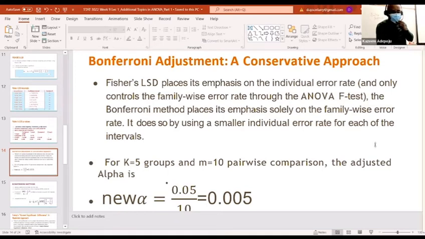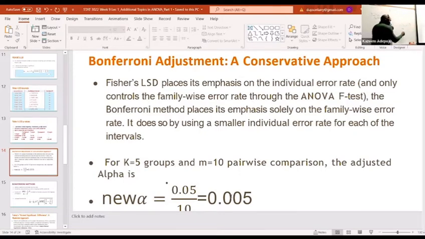Instead of using 0.05, your new level of significance will be 0.005. That is what it means. And another way you can compute that is the adjusted alpha equals 1 minus (1 minus alpha) raised to the power of this.